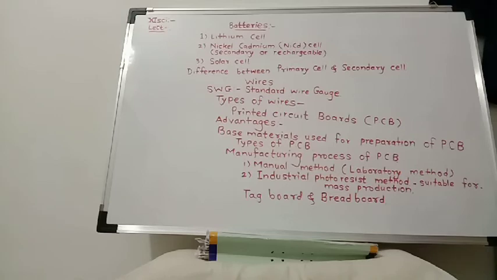Single-sided PCB means in this type copper foil is pasted on one side only, on the copper clad by the process of electrodeposition. The base material used is either paper phenolic or epoxy type.